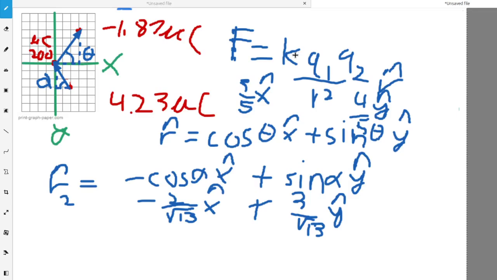Now, putting these numbers in, we have k. I'm going to erase some of this here.